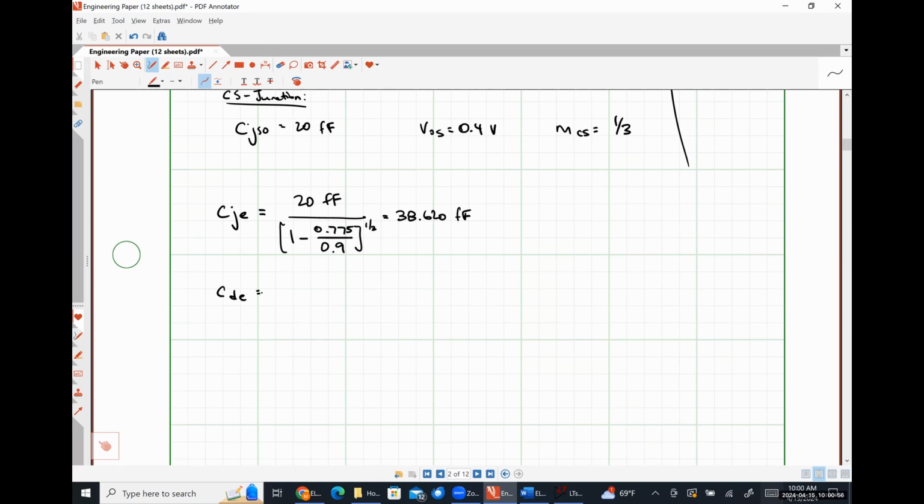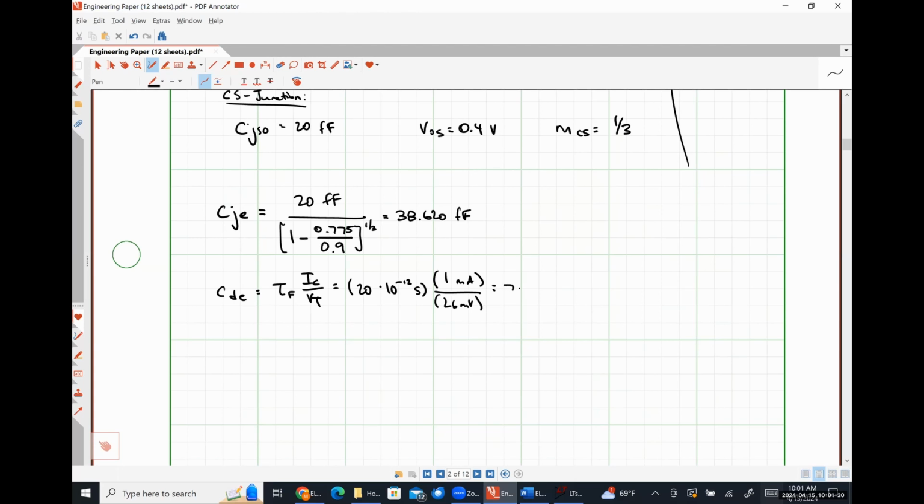CDE is going to be tau F IC over VT. So that is 20 times 10 to the minus 12 seconds times 1 milliamp over 26 millivolts.